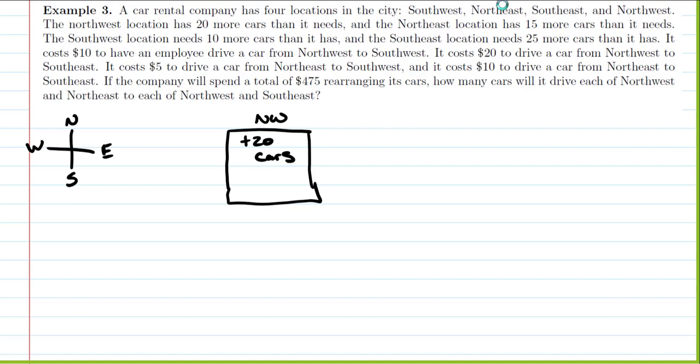Then we have northeast over here. And the northeast has 15 more cars than it needs. We then have southwest, which is going to be over here.